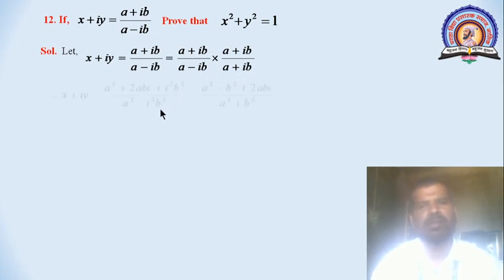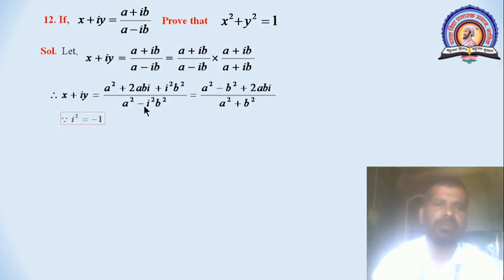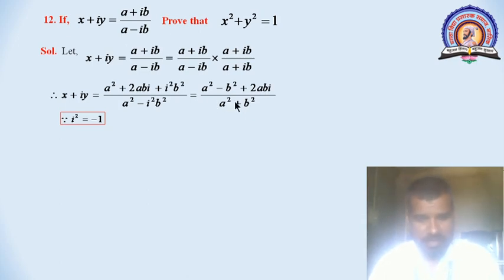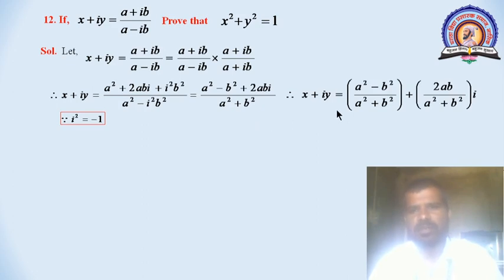So we will get a square plus 2abi plus i square b square upon a square minus i square b square. Now put the value of i square as minus 1. We will get a square minus b square plus 2abi upon a square plus b square. Now separating this denominator, we will get x plus iy equal to a square minus b square upon a square plus b square plus 2ab upon a square plus b square into i.